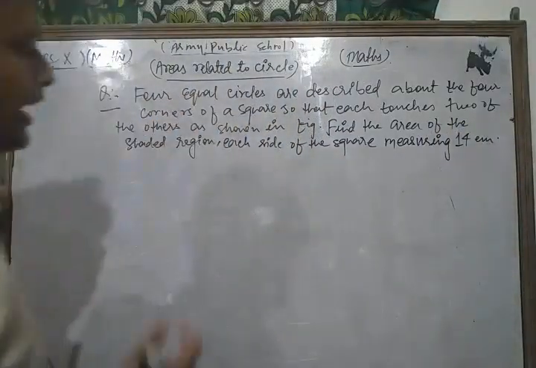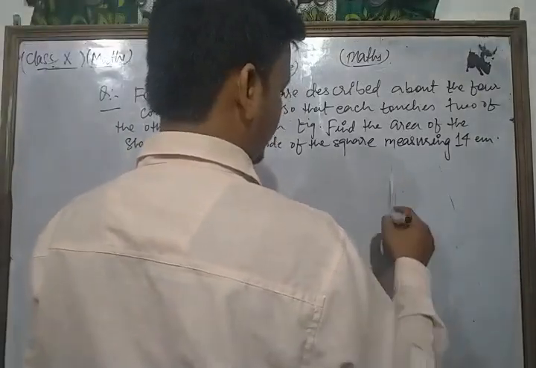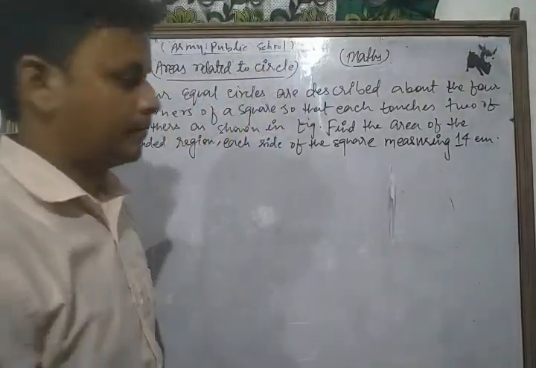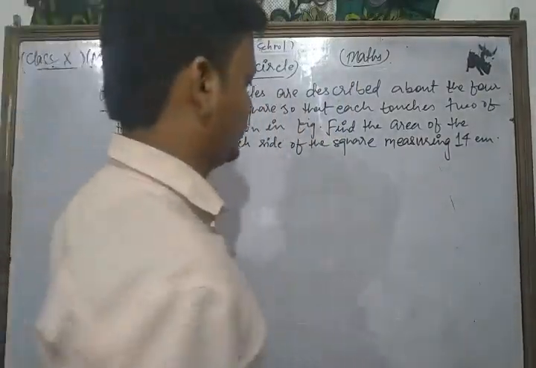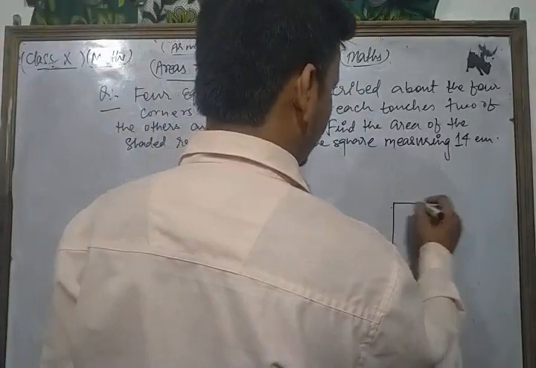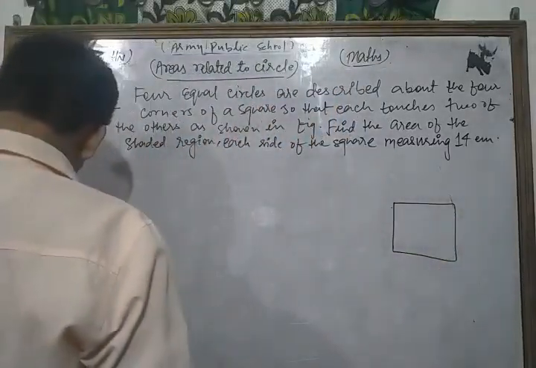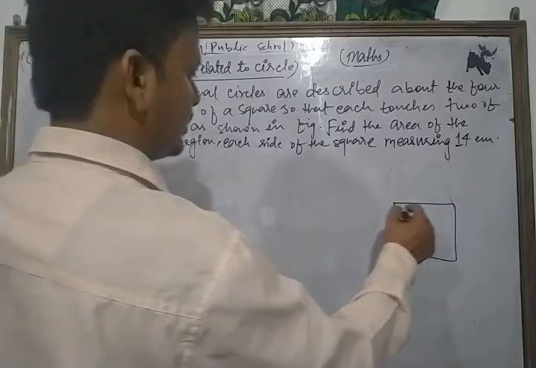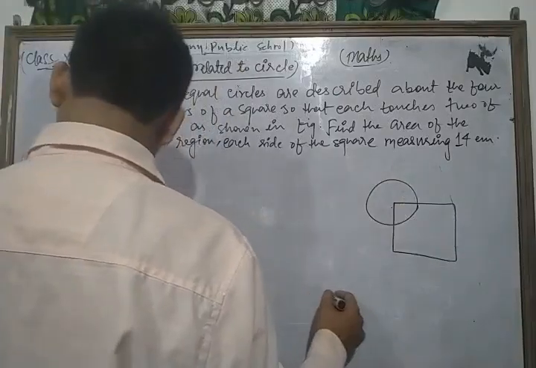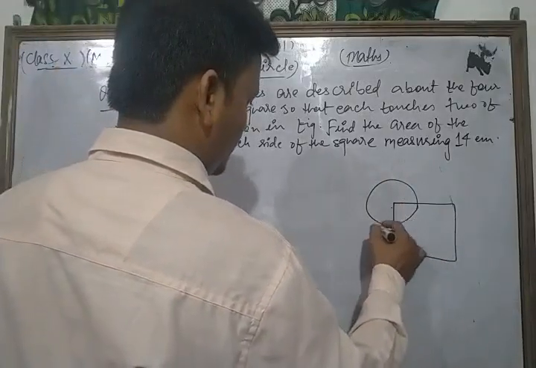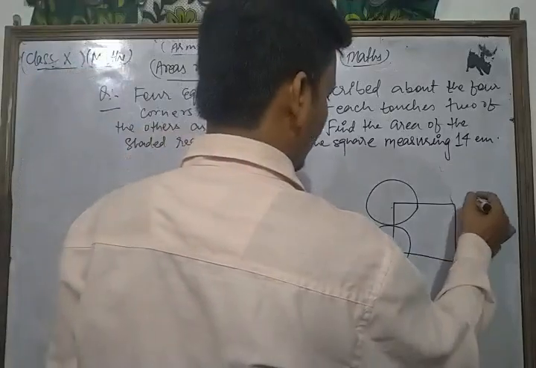Okay, and your figure is, let's see, this is a square, and any two circles touch. This is one.